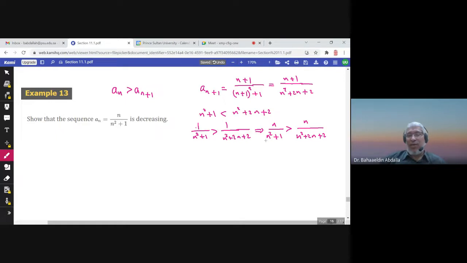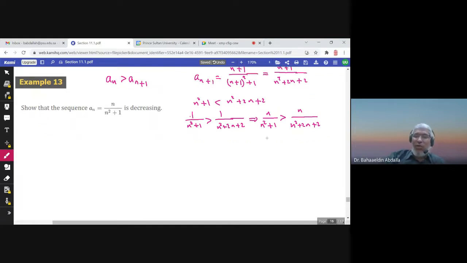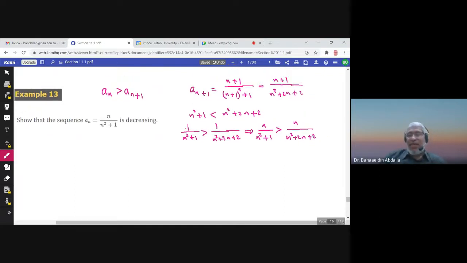Now this is an, but this is not yet an plus 1. I cannot add 1 here without adding. So can I say that this is greater than n plus 1 over n squared plus 2n plus 2?